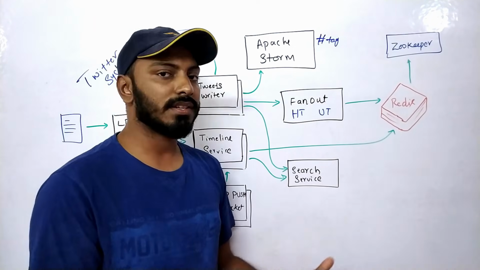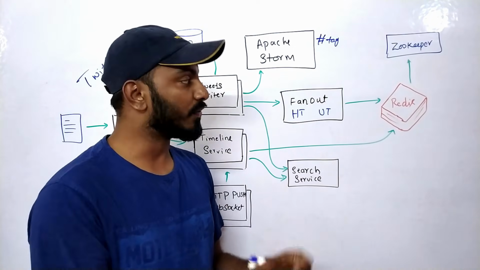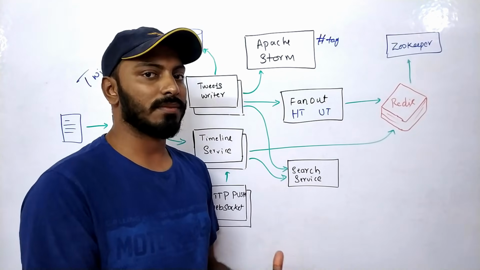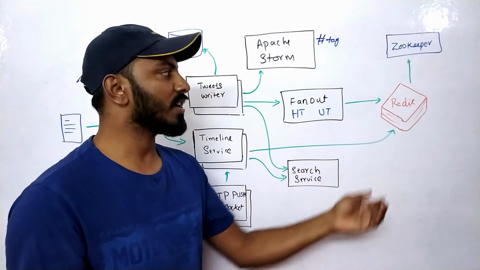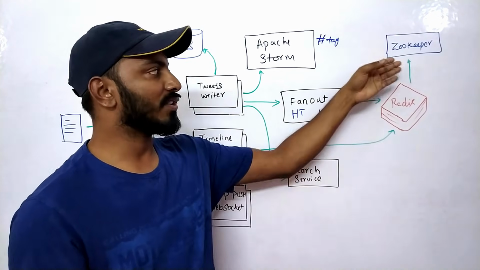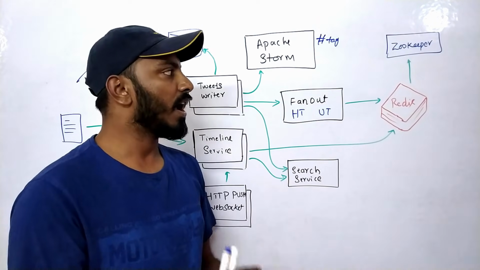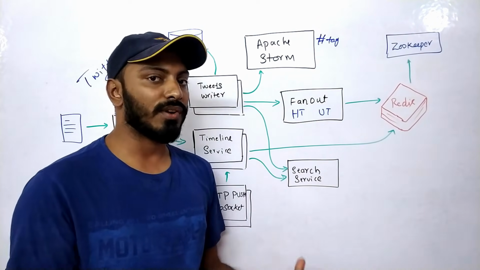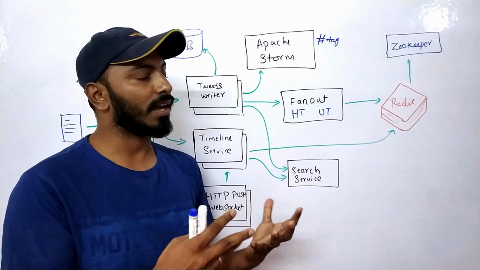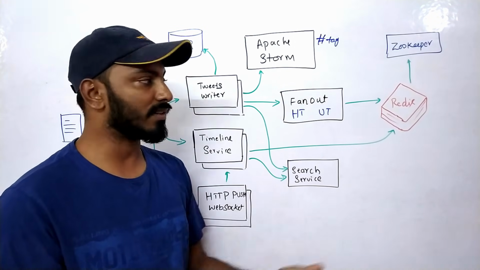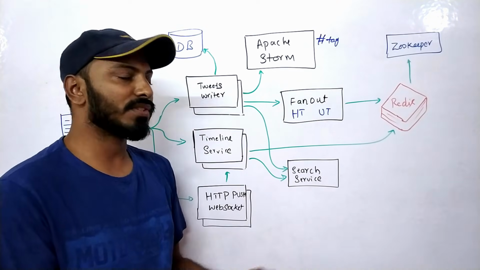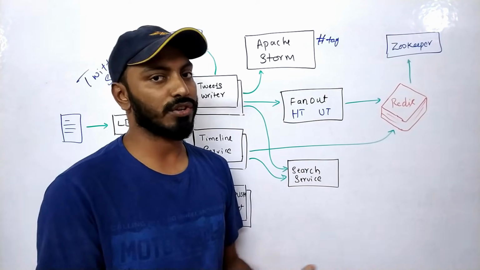And when we have a big cluster, we also need to coordinate between these nodes, and we need a master who is responsible for coordinating with the other nodes, right? All this work is done by Zookeeper. Basically, Zookeeper helps you maintain the configuration for each and every node in the cluster, it helps you elect a master in this Redis cluster, and it can also be used to name the servers automatically.